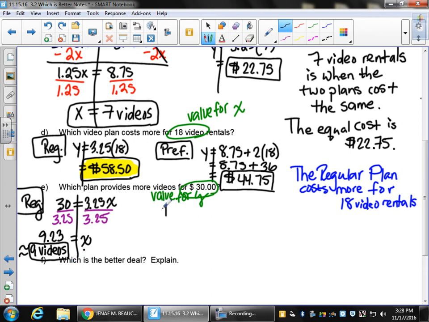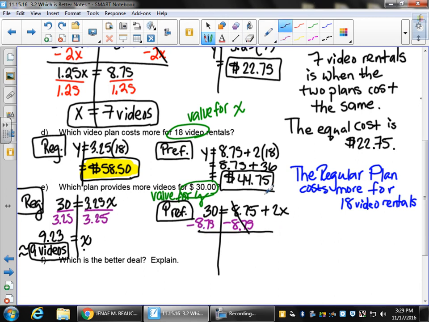Preferred will be 30 equals 8.75 plus 2x. Before we do any kind of division, we can subtract 8.75 from both sides. $30 minus 8.75, $21.25 equals 2x.